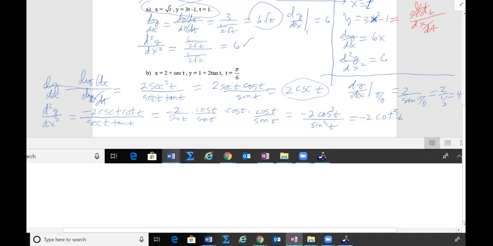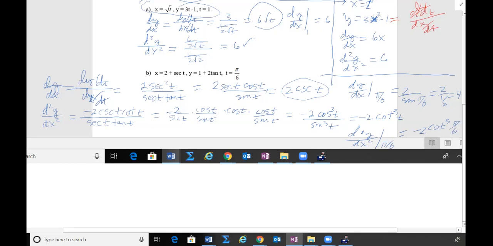We'll say pi over 6 is minus 2 cotangent cubed of pi over 6.